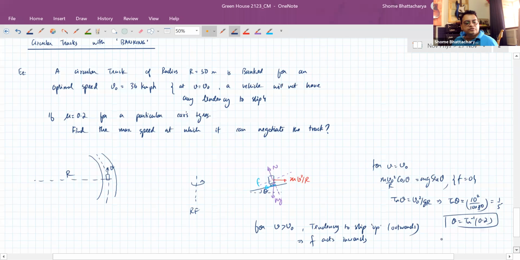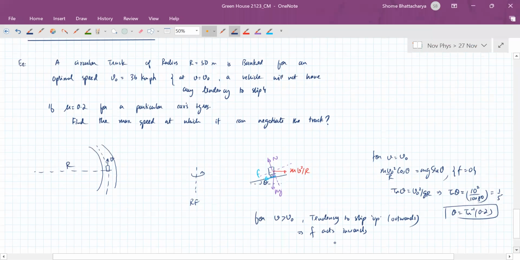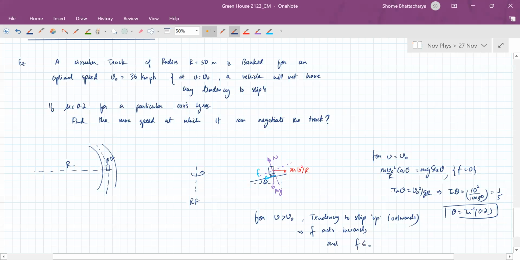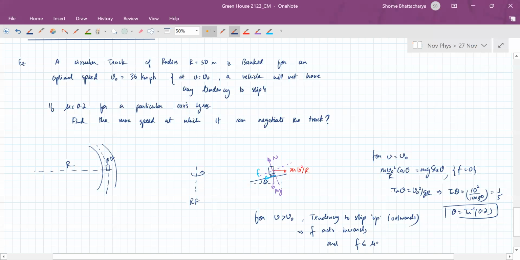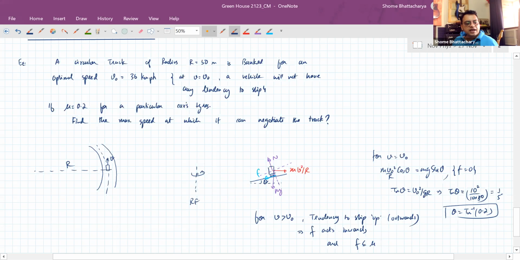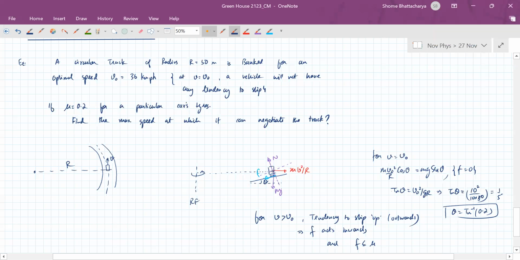So here too the centrifugal is acting along the horizontal. Why is it acting along the horizontal? Because in the rotating frame you're seeing the car rotating about a vertical axis passing through this point. Understood, no? Yes, sir.